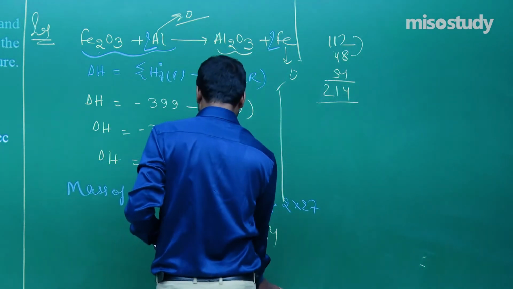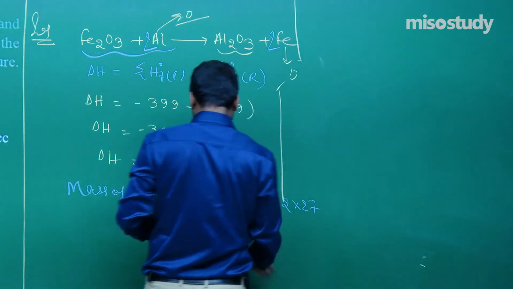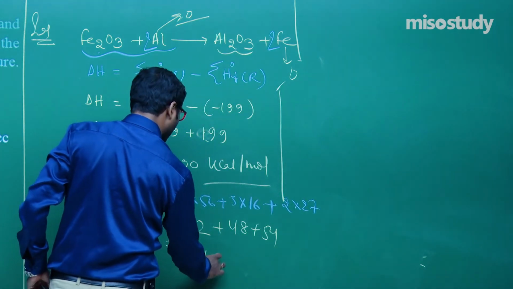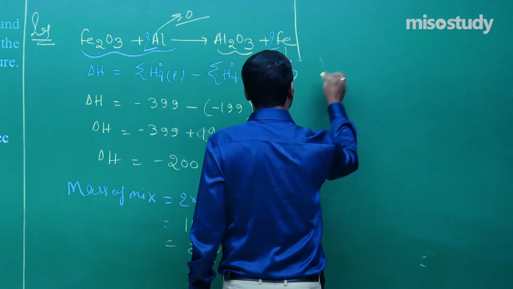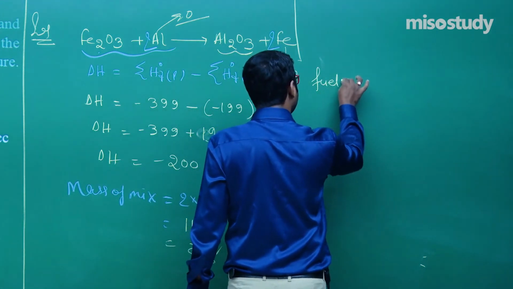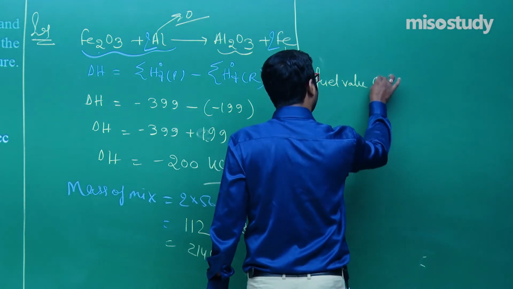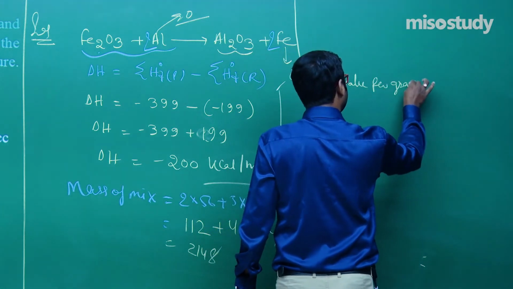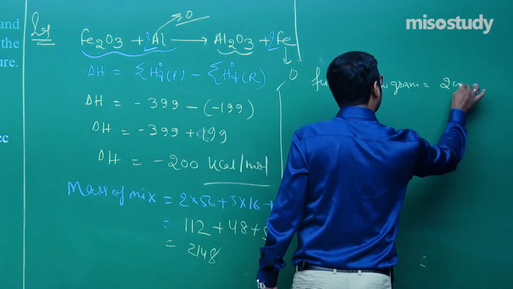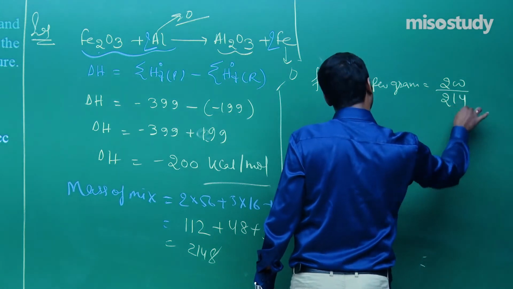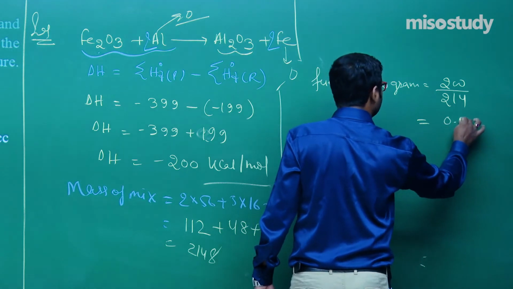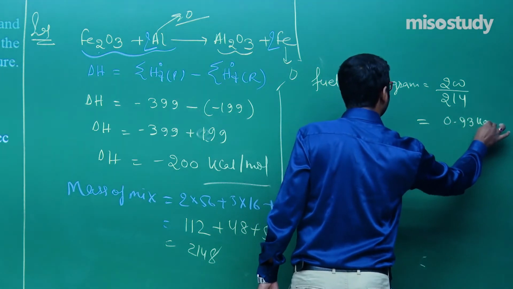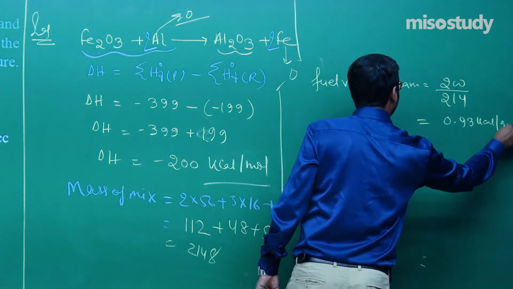Clear? So this is the value, that is 214 gram. Visible to you? 214 gram. So therefore fuel value per gram is equal to 200 upon 214. That will be equal to around 0.93 kilocalorie per gram.